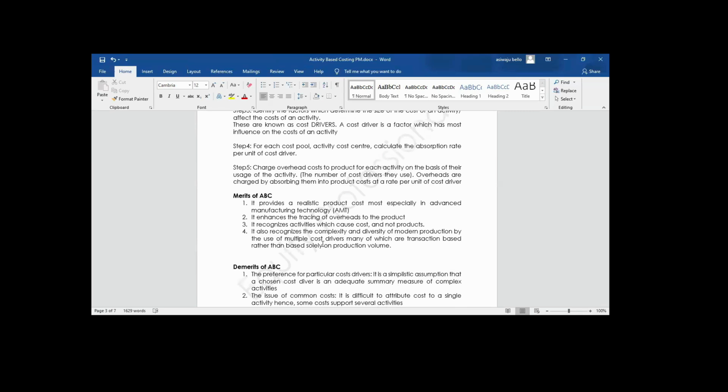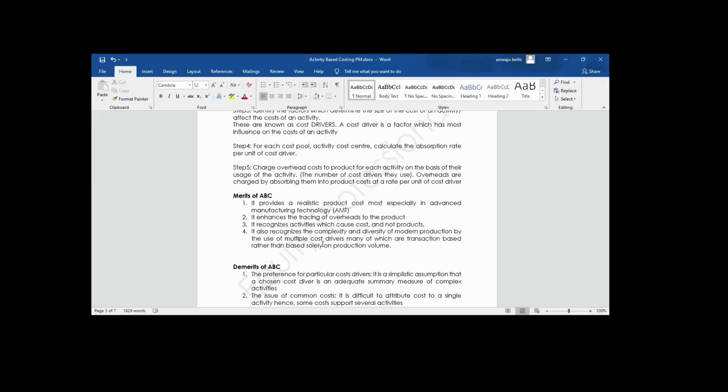Mostly used in advanced manufacturing technology. If you look at the question, when the company was established in 2008, it only produced 1 product. Now the company has invested heavily in technology, so it is better to use activity-based costing.